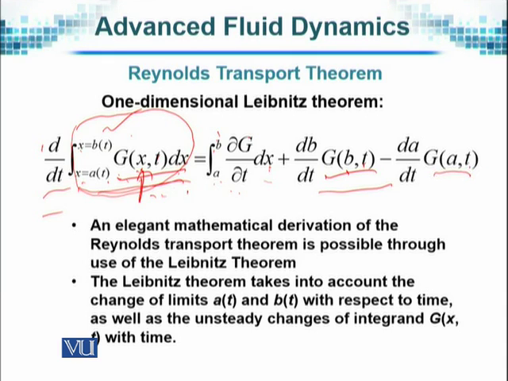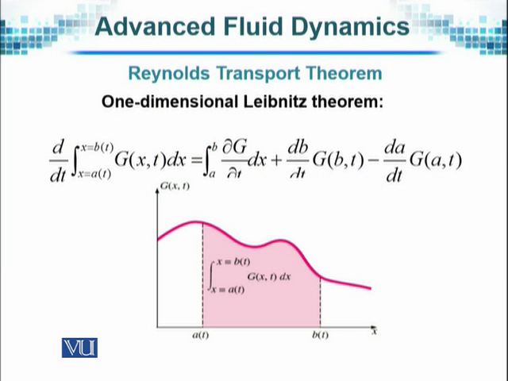And by calculating this, a very complex linkage has been made very simple. The calculation becomes very simple, and therefore the linkage between the Lagrangian and Eulerian format becomes easy.